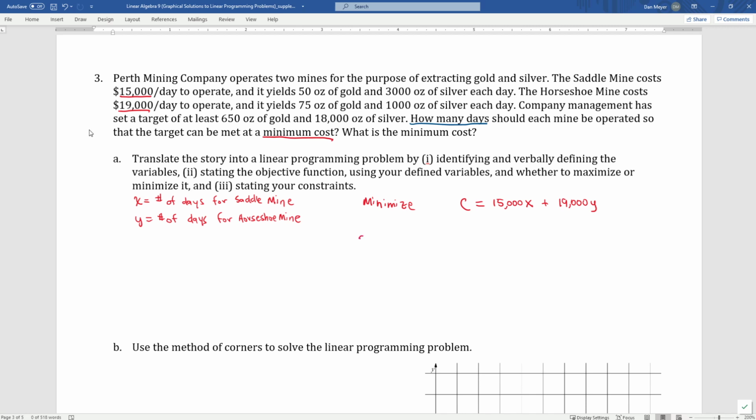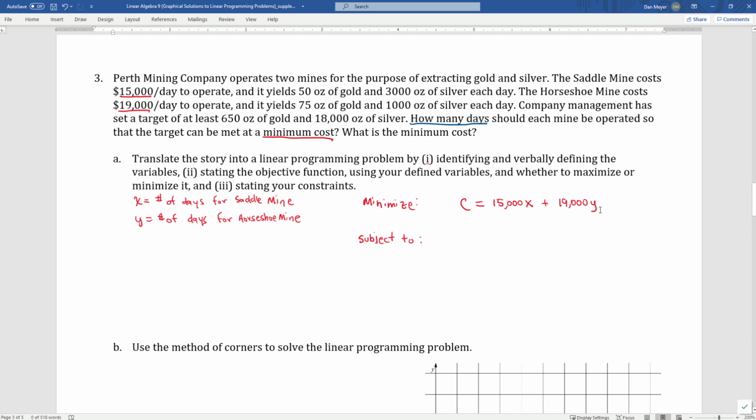Then our constraints here. Now, this is where, remember, it can be beneficial to, all right, before we even start to think about what our constraints are, let's think about, if I want to minimize this objective function, let's just not operate the mines at all.